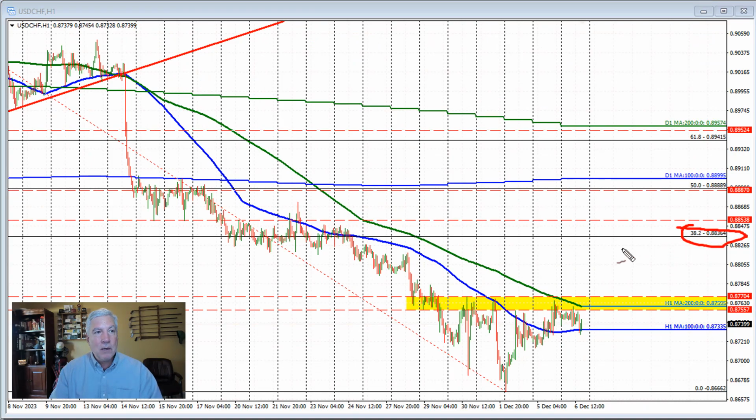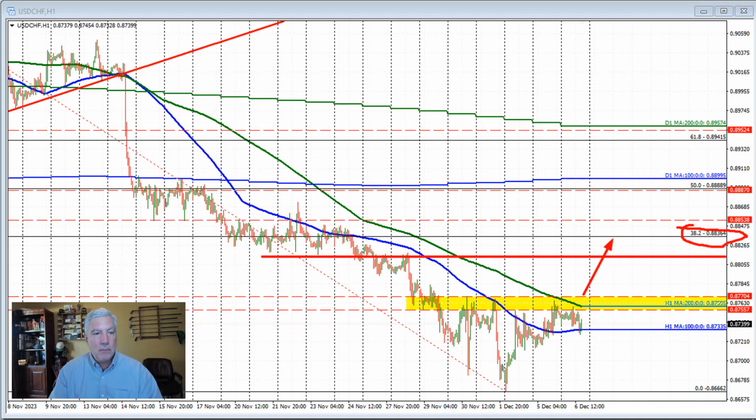That would be the reward for breaking and staying above this swing area, or the target, as I like to say. There may be interim targets along the way, including this area right through here where we had a number of different swing lows and swing highs. It looks like the 88.10 or 88.12 area. So watch the 88.12, watch the 88.36. Those would be targets on a break of the 87.70 level.